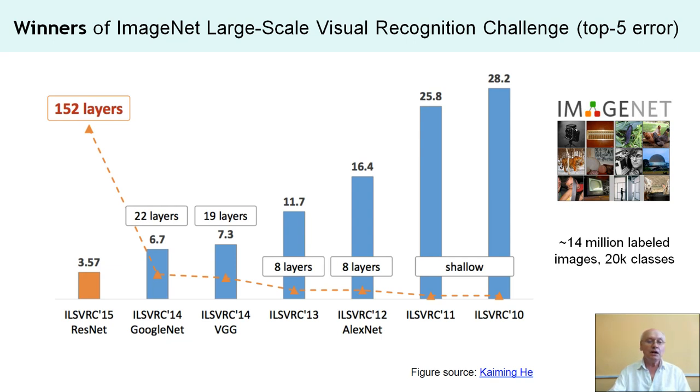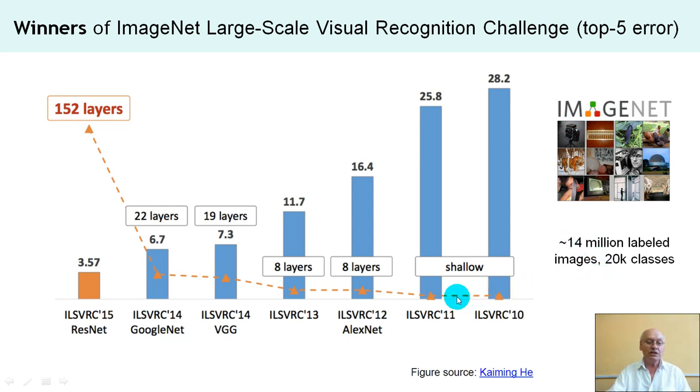The next year, the competition resulted in a 25.8% error, and then in the following years 16, then 11, then 7, then 6.7, and finally in 2015, 3.57%. That's actually a very, very low error for such a large amount of data and such a large number of classes.